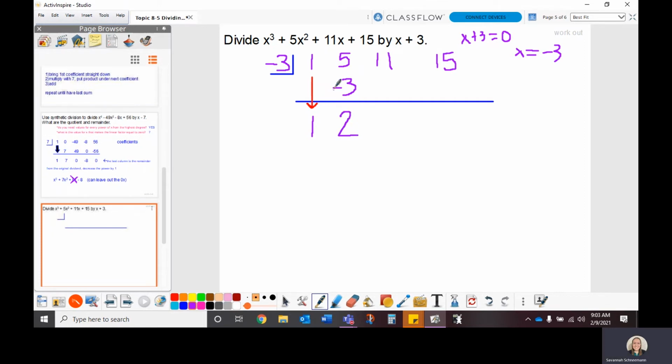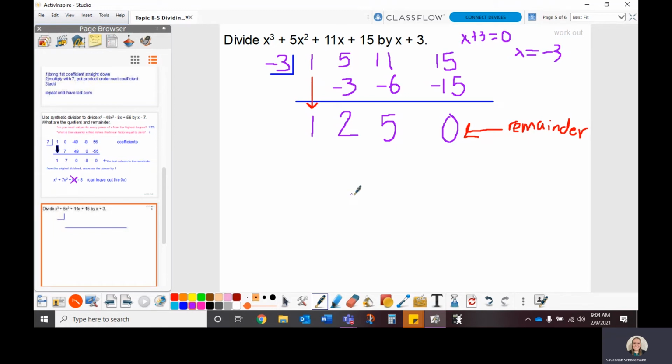So I take 2, multiply it by -3, I get -6. 11 plus -6 is going to be 5. -3 times 5 is a -15, which gets me 0. So we remember that this last column here, that is our remainder. So we have a remainder of 0.